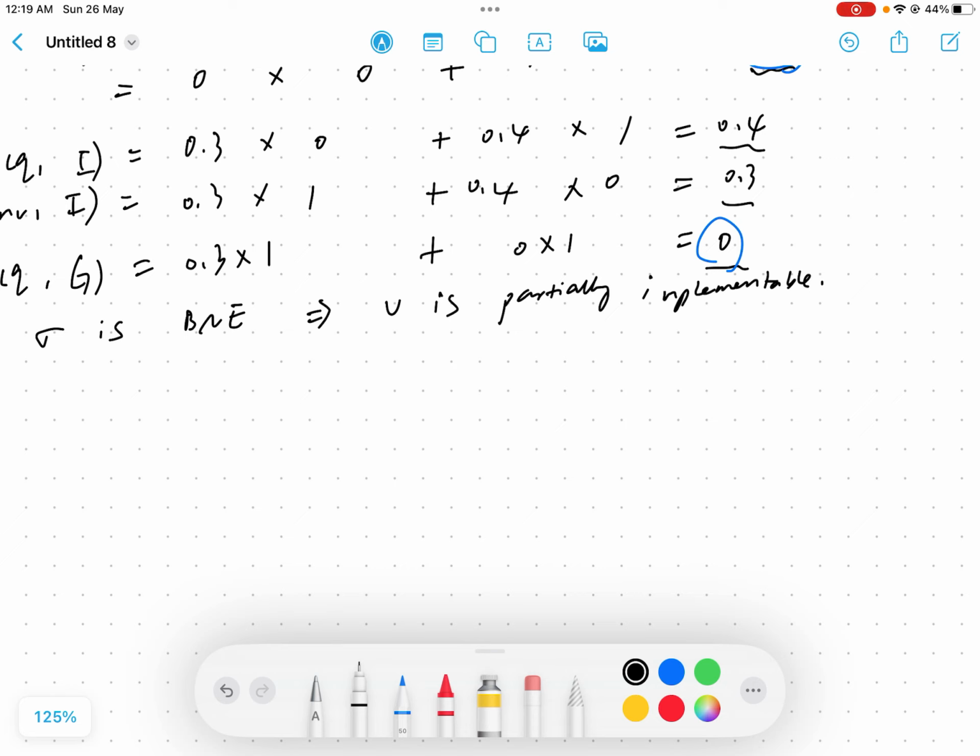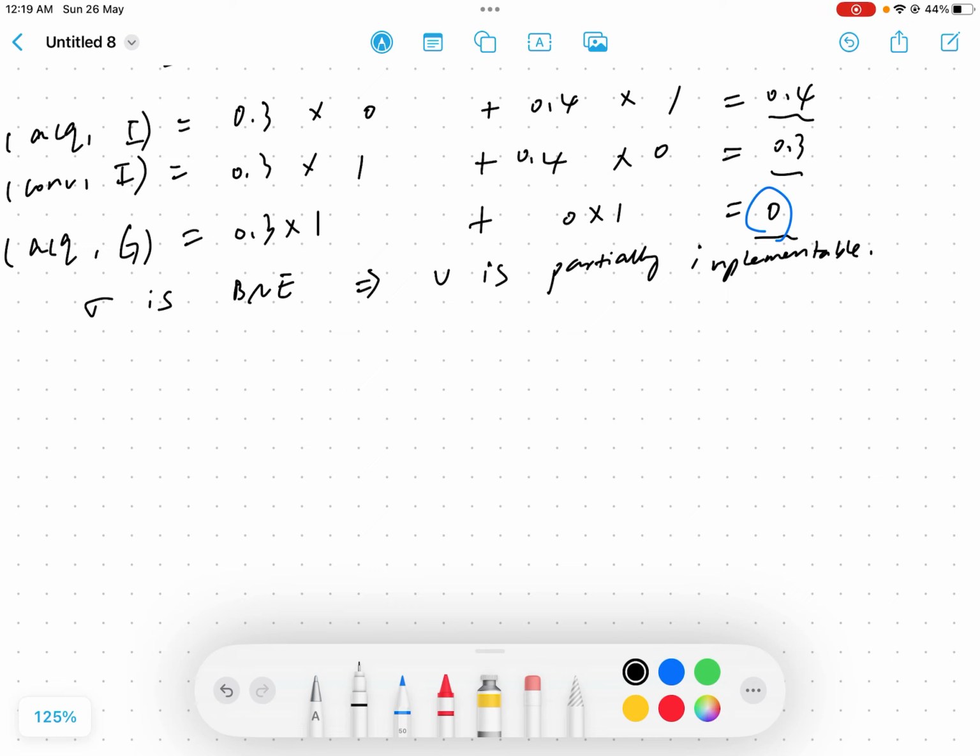From now on, we cannot only use the BNE as our solution concept here, but we can also use another solution concept called Bayes correlated equilibrium, which concentrates on this V, on the outcomes, rather than the pi's and the sigmas of the previous solution concept of the BNE.